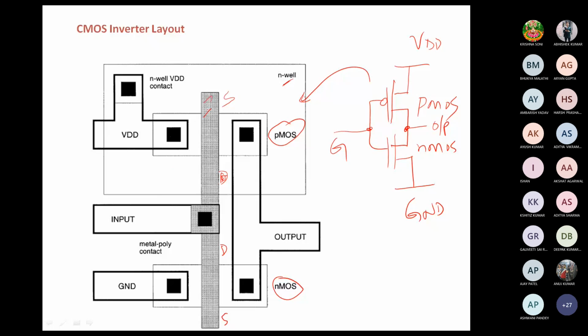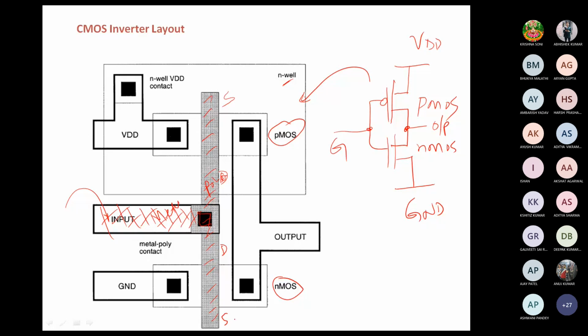I am just highlighting it here. This is polysilicon, and the input is given here. This white portion is metal, and this metal layer and this polysilicon are connected through a via with the minimum size contact over here.